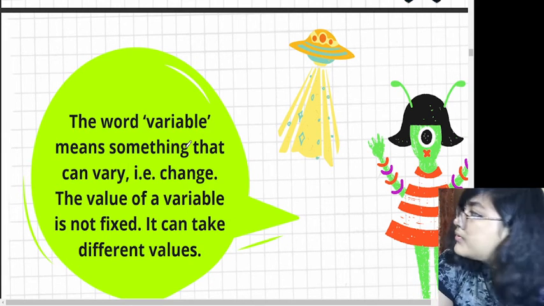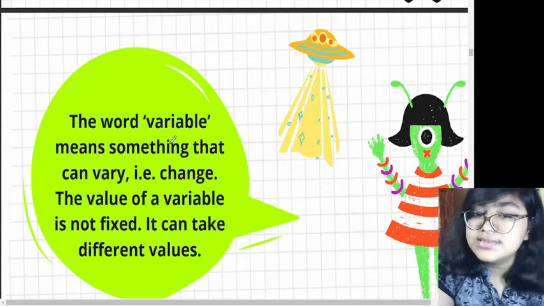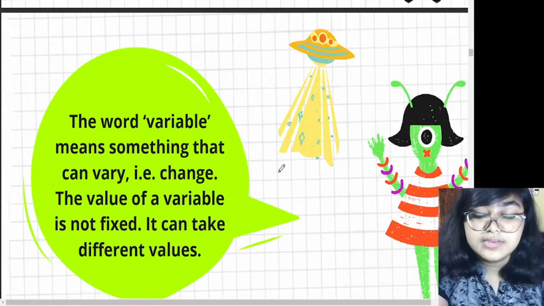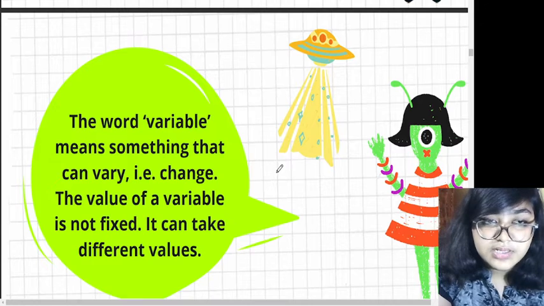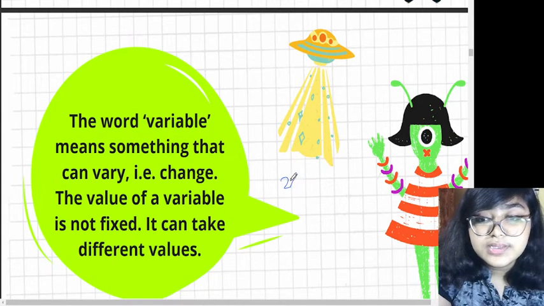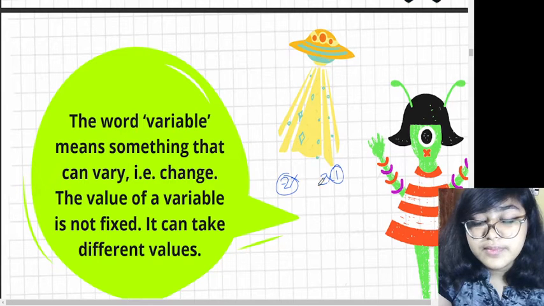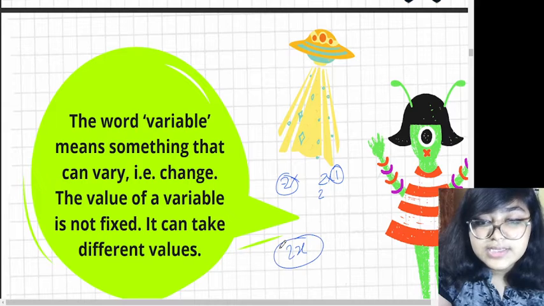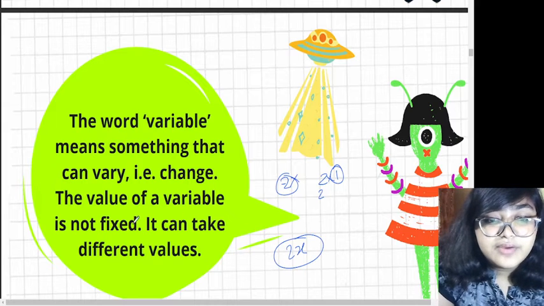As I told you in the previous question that we did, the matchstick pattern, the 2 was constant, and the number of matchsticks was changing, so we can call it x. So now you can see that the value of a variable is not fixed, it takes different values.